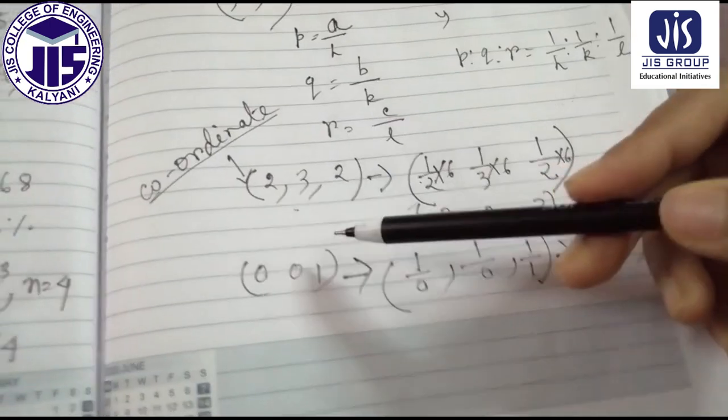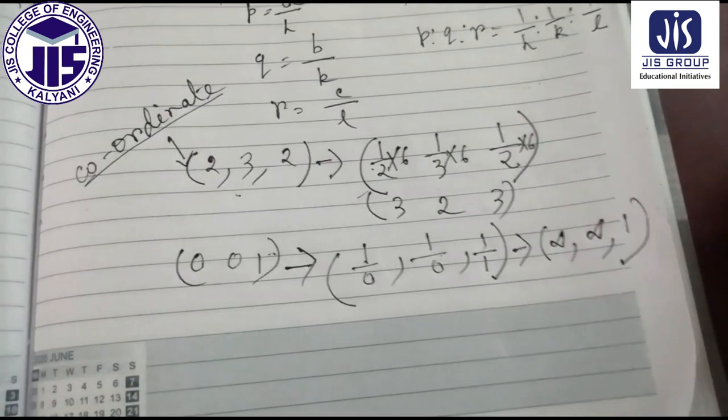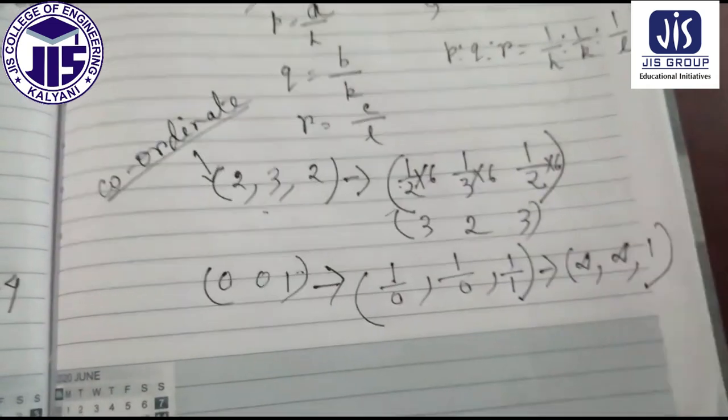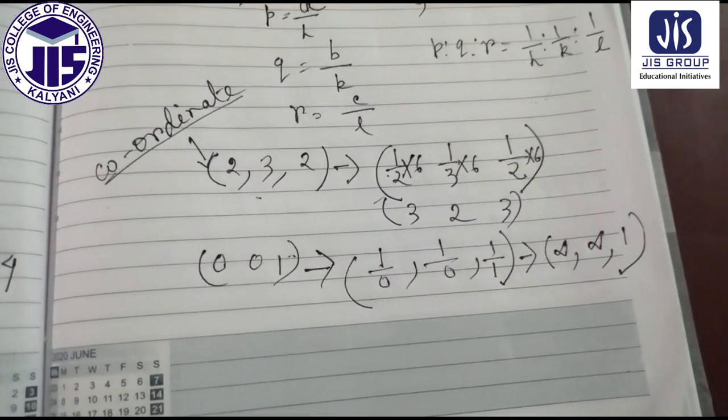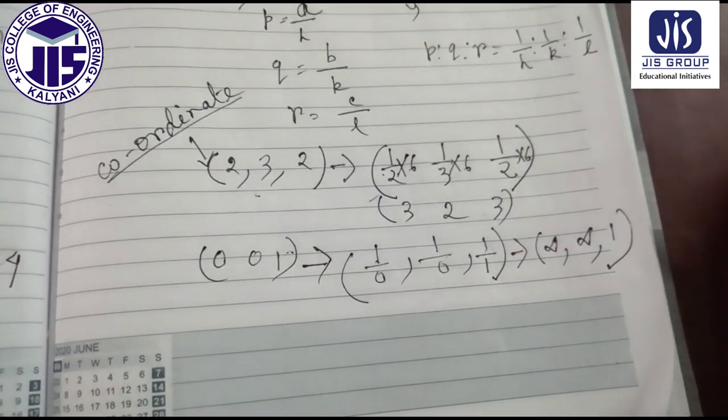So if 001 is the Miller indices, then the corresponding coordinate is infinite, infinite, 1.